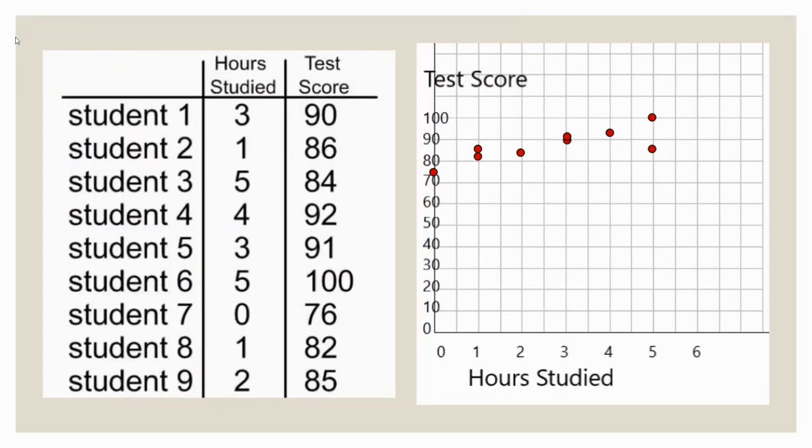So if we look back at our scatter plot, we want to draw a line that goes along the same direction as all the points, so that about half the points are on top and half the points are below. We want our line to match our data as well as possible. Here's the line I drew. It goes through my data with a couple points on top and a couple points on the bottom.